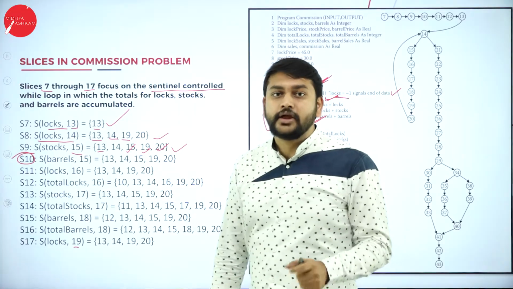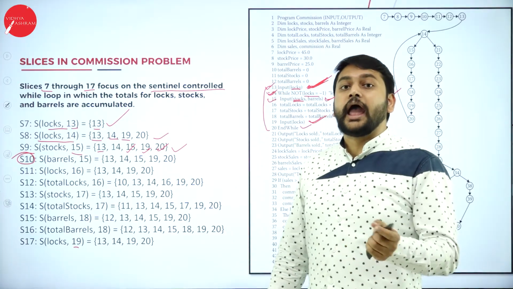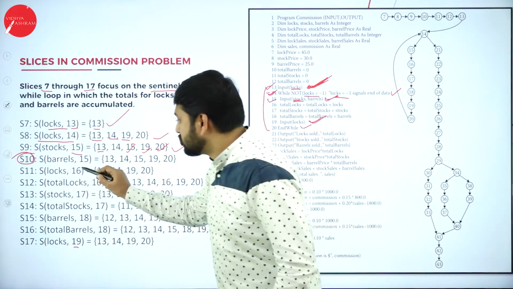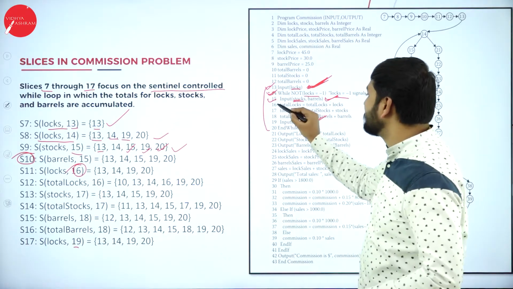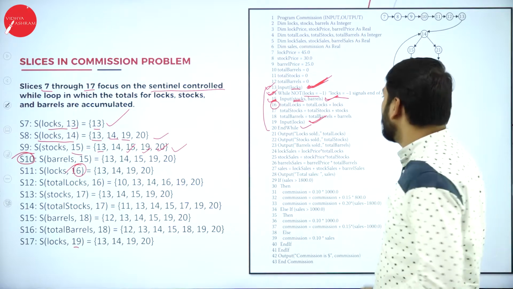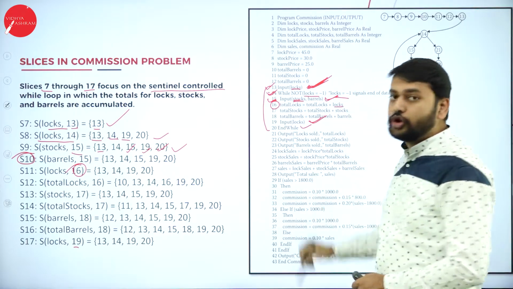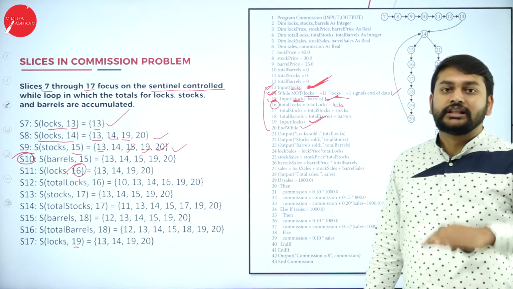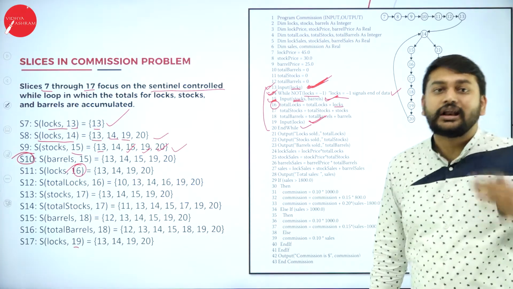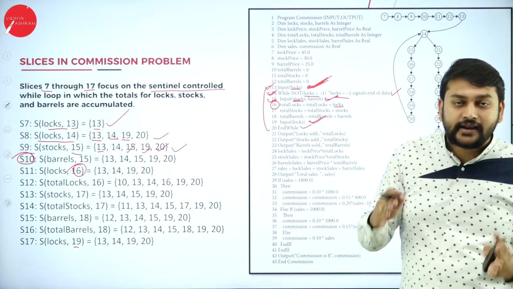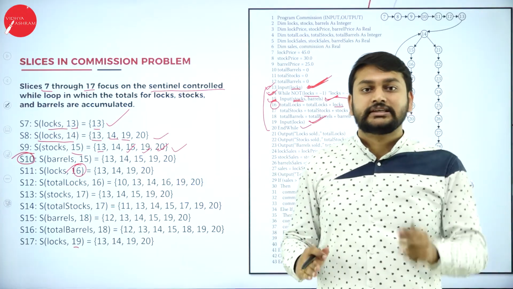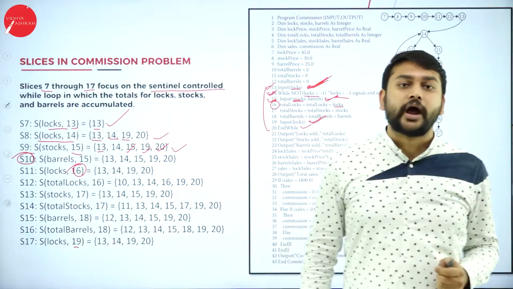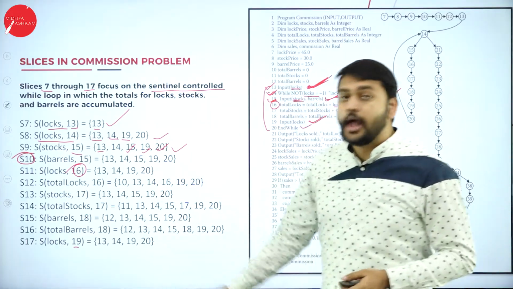Then you need to observe the variable, and then check the node number. Say for example, I have taken 16. What is the variable that I have taken? Logs. For this log, what is the dependency that I have with respect to other lines? I have to check, and then write the complete path for that particular slice. That is what you need to keep in your mind. That is how we are writing the paths.